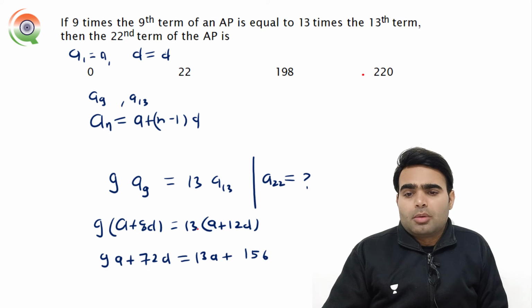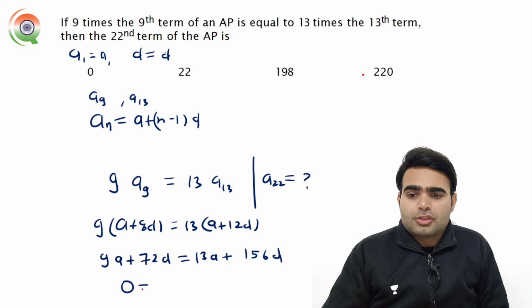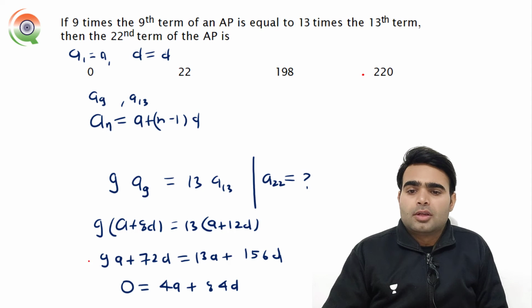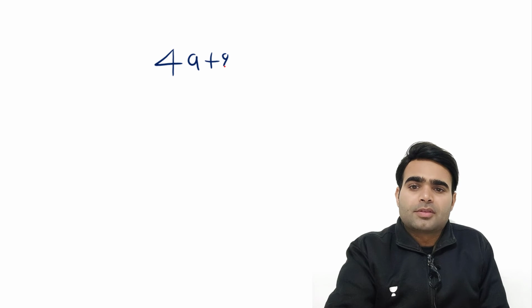Let me check that: 12 into 13 is 156, right. Okay, we got this relationship. Now I'm shifting everything to one side. So 0 will be 13 minus 9, 4A, plus 156 minus 72, 84D. So we have this relationship: 4A plus 84D is 0. We can use it.